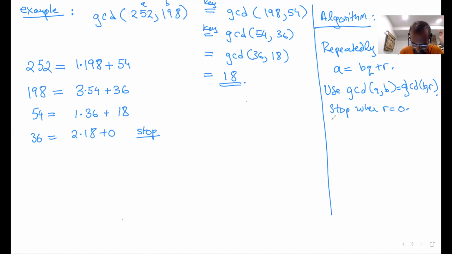This is an informal description. A formal description is given as algorithm 1 in the book. But the idea is very simple. You just repeatedly divide the larger number by the smaller number. Okay. So any questions about what this algorithm is?